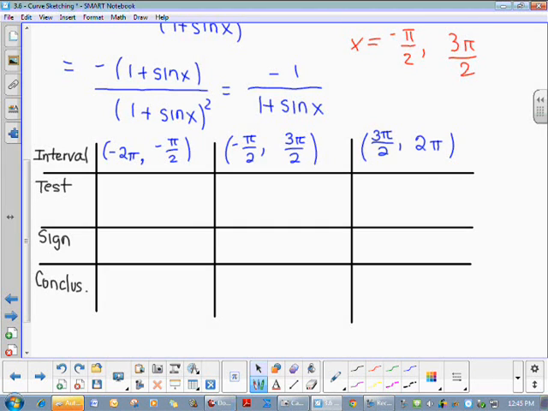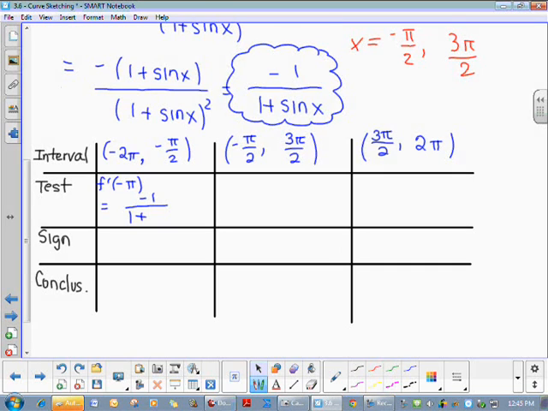You might be a little cautious in selecting some appropriate test values here. Let's make our life as easy as possible. So on the interval -2pi to -pi/2, it seems to me that -pi would be about as easy a test value as one could find. So if we plug -pi in for the x in the derivative, which would be this guy right here, I'm going to put a cloud around him so we see where he's at, -1 over 1 plus the sine of -pi.